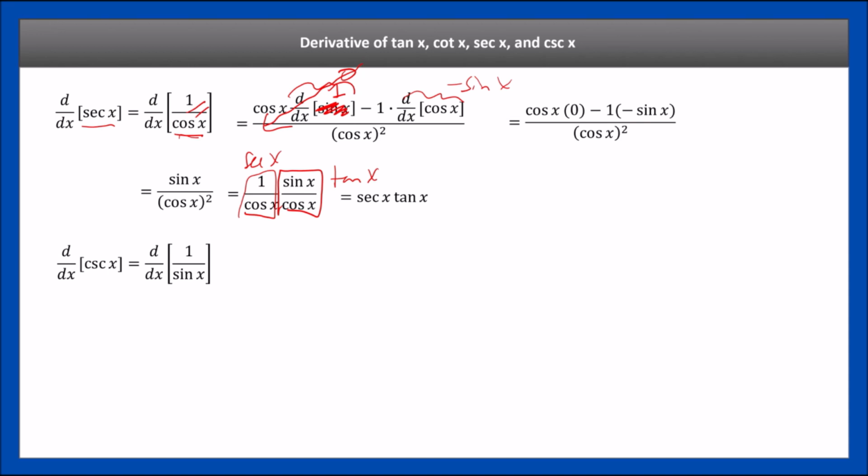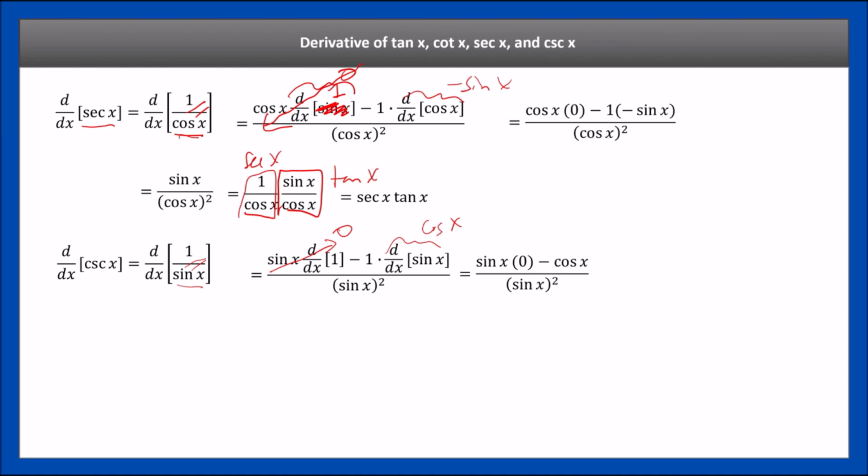All right, so now we're going to do the derivative of cosecant, which is 1 over sine. Again, using low d high. So we got the low and then the derivative of the high. Well, this turns into 0, right? The derivative of sine is cosine. So we got negative cosine. So this goes away.